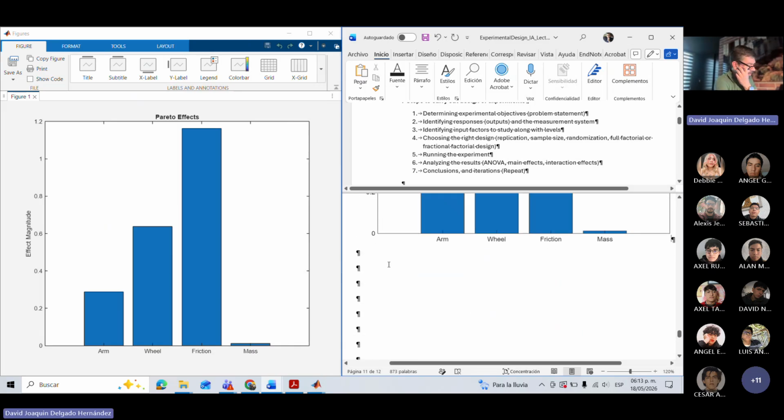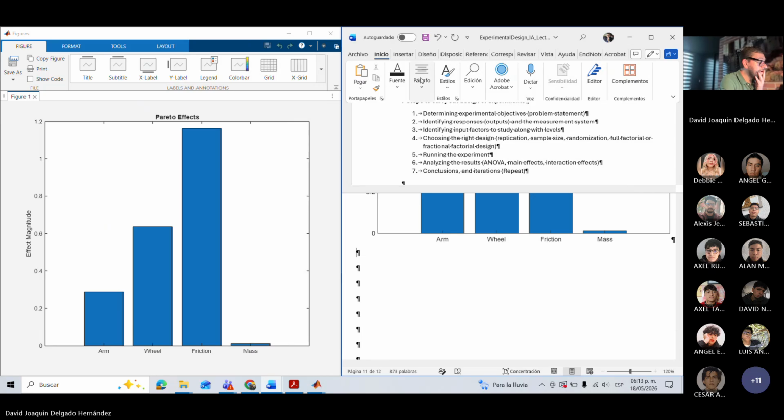And I am going to put the title of this figure. Here we are, figure 1. Well, it will be figure 6, right? Because the previous figures are from 1 to 5. Well, figure 6 is the Pareto effects.